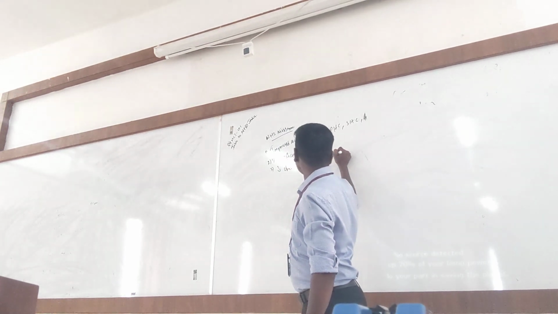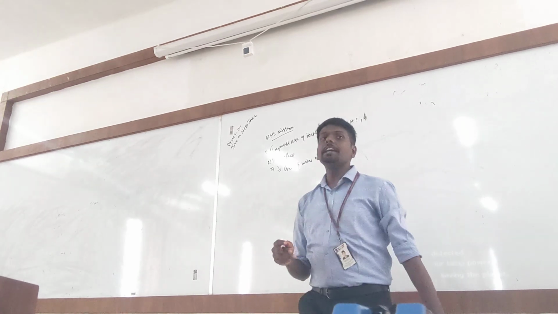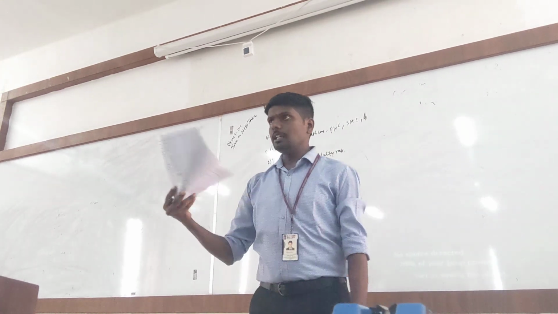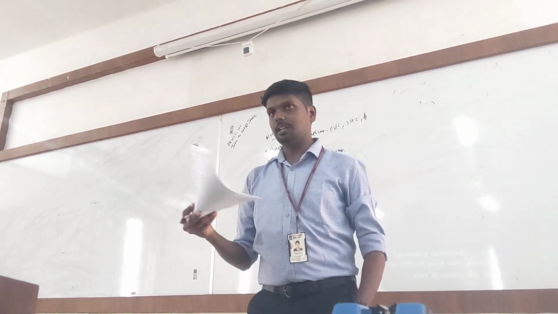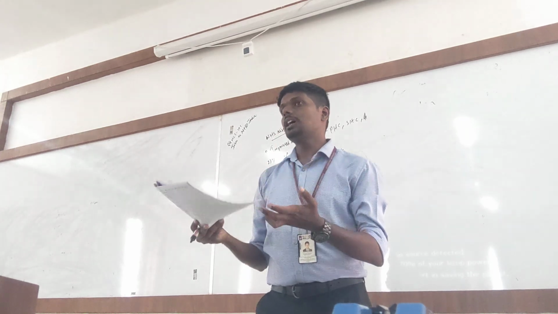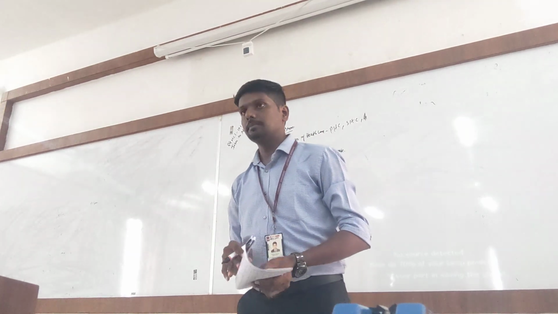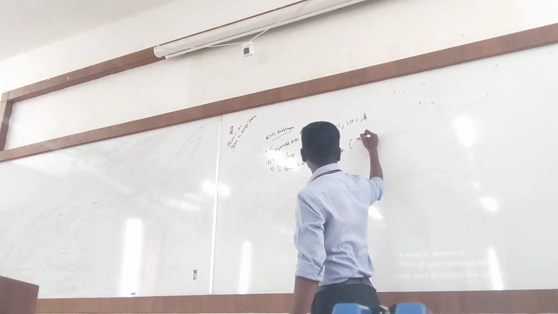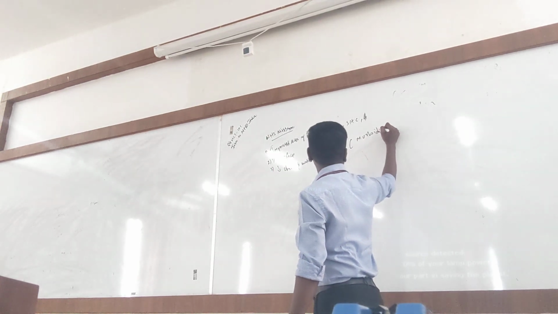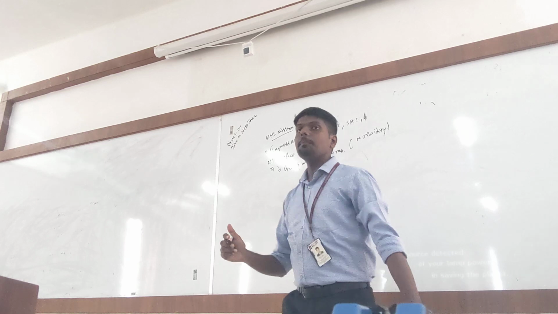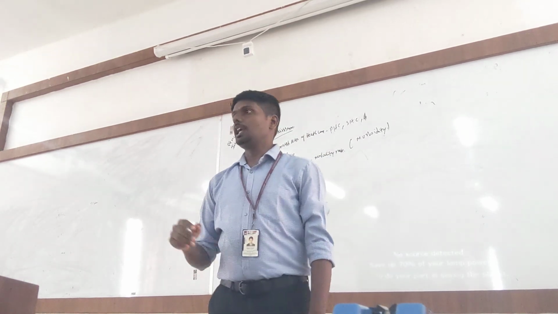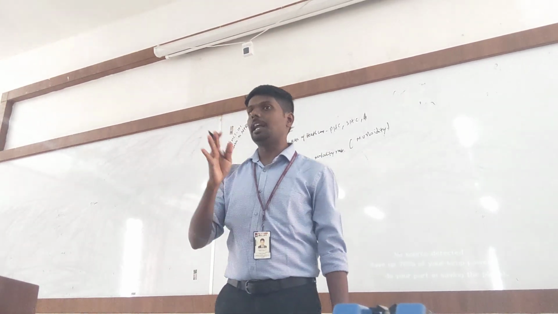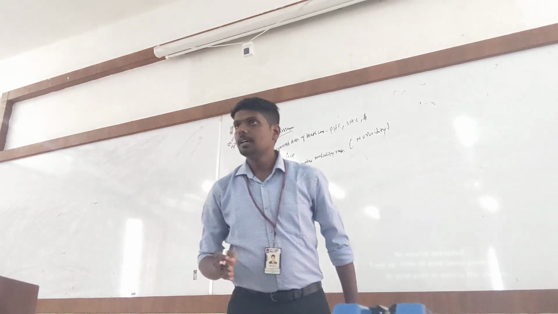What is the meaning of mortality rate? Death rate. There is another word for mortality, and these 2 words go hand in hand. The other word is morbidity. Do you know the meaning of morbidity rate? Morbidity, M-O-R-B-I-D-I-T-Y. There is a difference between mortality rate and morbidity rate.